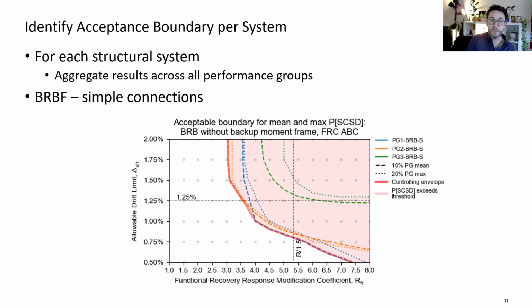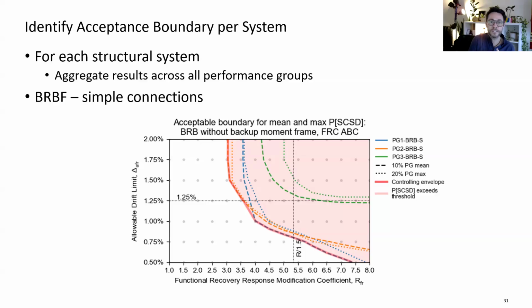So what we really ultimately attempted to do here is repeat the exercise across performance groups and bring all of this together. So what you can see here is the overall envelope that we use to come up with design recommendations for this system. Anything that's shaded in red is essentially unsatisfactory, and anything that's in white is satisfactory. And you can identify the mean and the max criteria for each performance group.